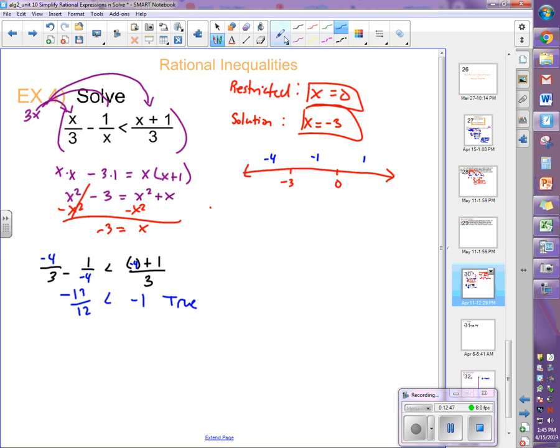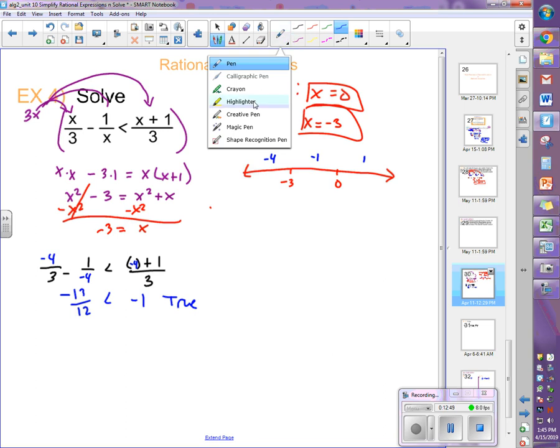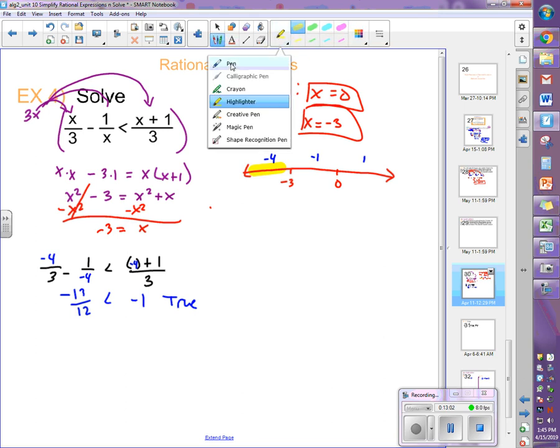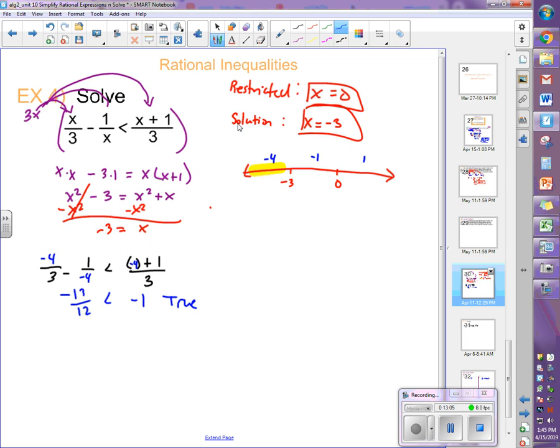So I'm going to highlight this region because this is true. Now we need to find another region that is true, with the other test point. This time it's negative 1.